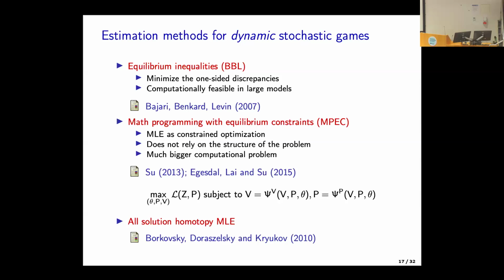So that's potentially a much bigger variable to maximize over, and then the corresponding value functions. This is a way that Iskhakov and Su did in 2015 in QE. They maximize the likelihood subject to each of these two sets of constraints, both the Bellman equations and the Bayesian-Nash equilibrium constraints.